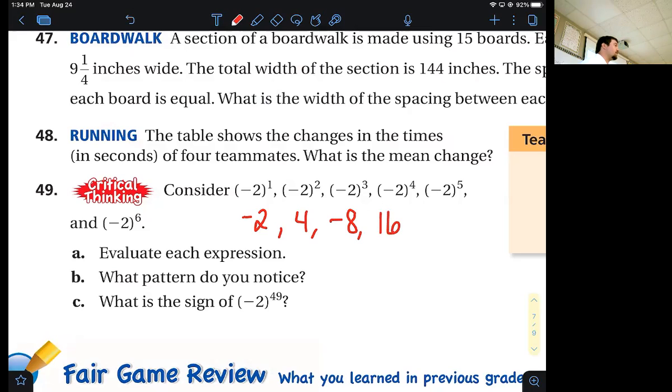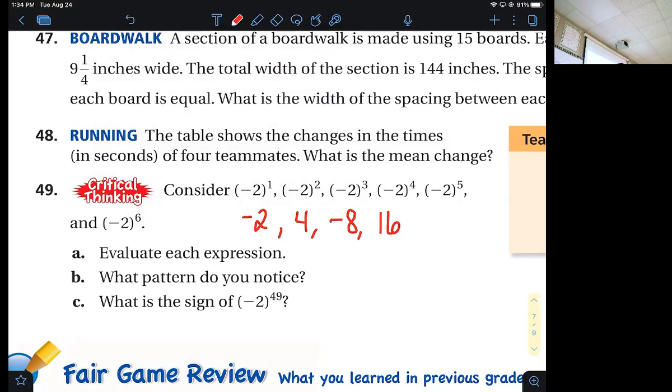Okay, stop right there. Forget the numbers for a second. What pattern are you noticing with the signs, Vander? It goes negative, positive, negative, positive. Every time you raise it to a, what kind of number is this? Odd or even? Odd.